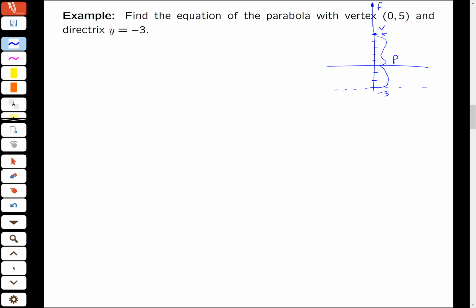Is this going to open up or down? Up. It has to open away from the directrix. So it opens up, and I can find p. P is the distance from the vertex to the directrix.